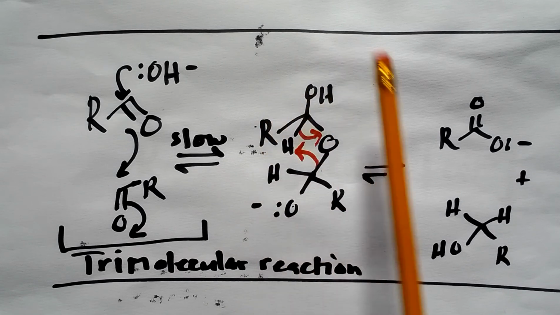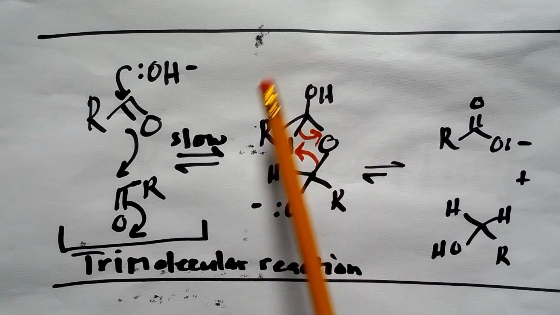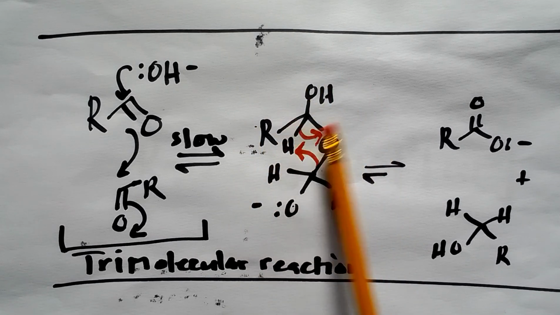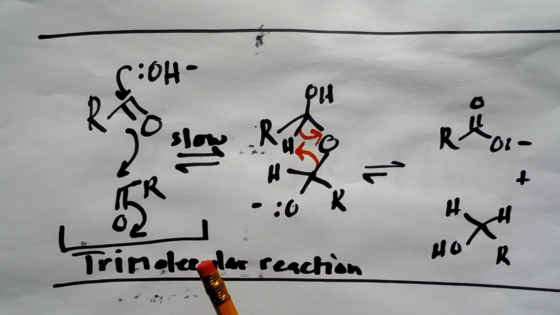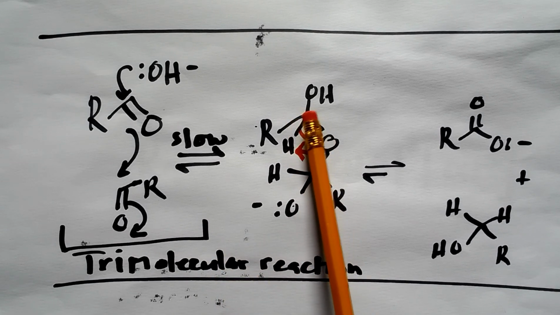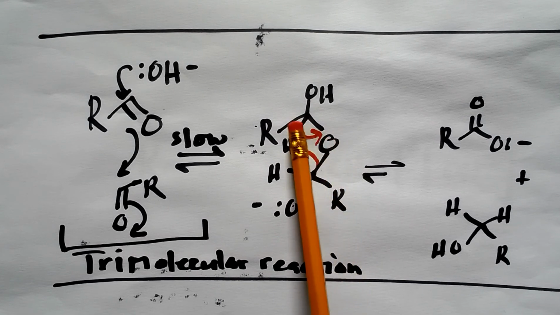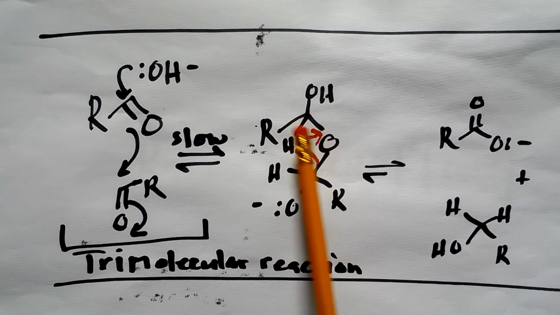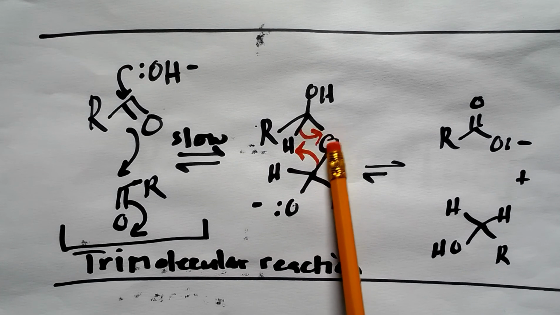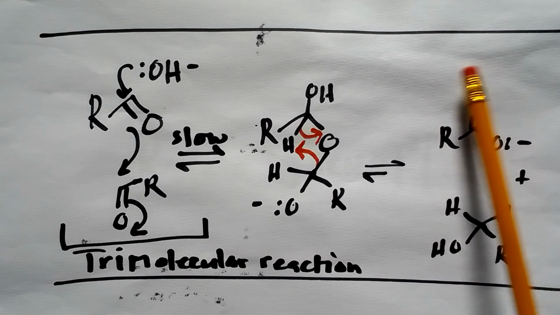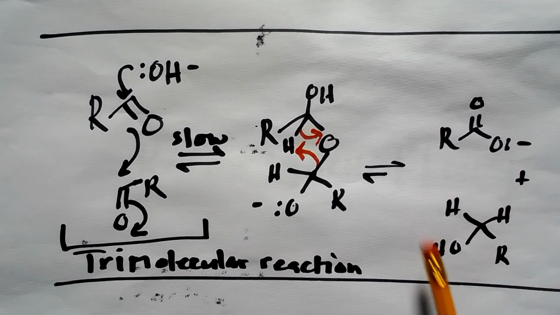Then in this species, there is an intramolecular reaction involving hydrogen. This carbon-hydrogen bond breaks, and the lone pair of electrons attacks this oxygen, breaking this bond, which picks up that hydrogen, giving us the carboxylate ion and the alcohol.